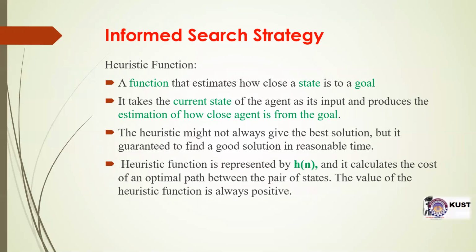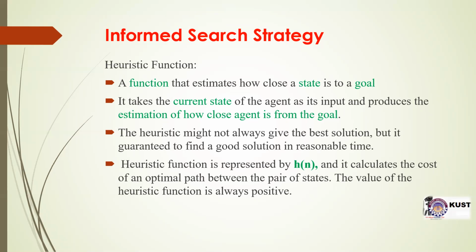It takes the current state of the agent as its input and produces the estimation of how close the agent is to the goal. The heuristic method, however, might not always give the best solution, but it is guaranteed to find a good solution in reasonable time. It is represented by h(n).